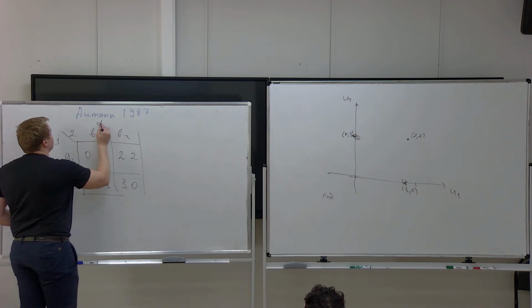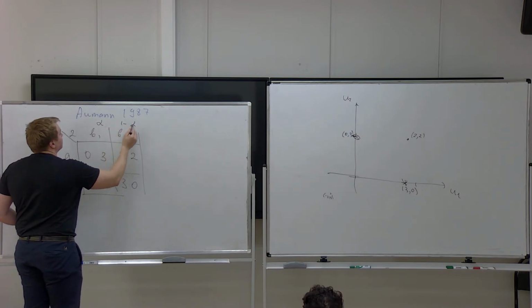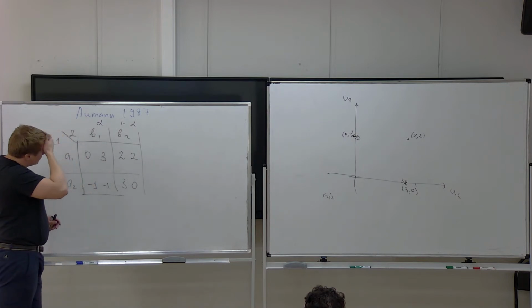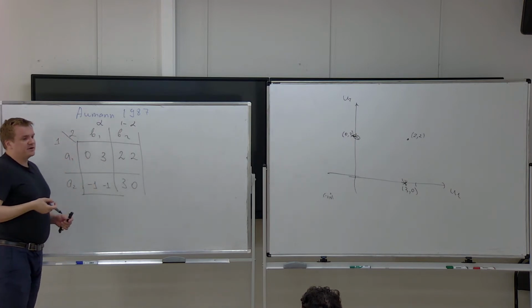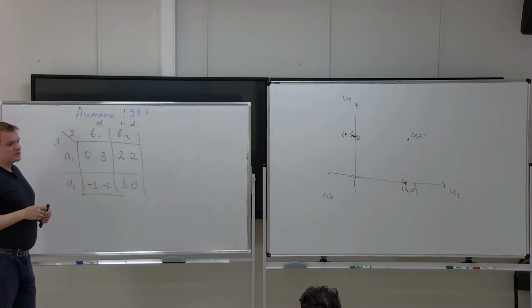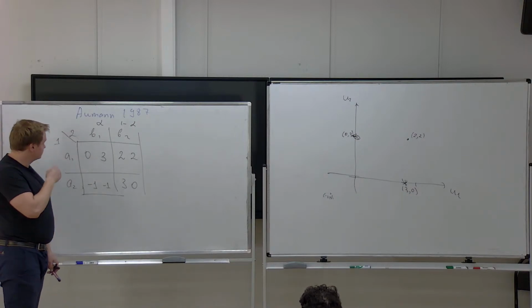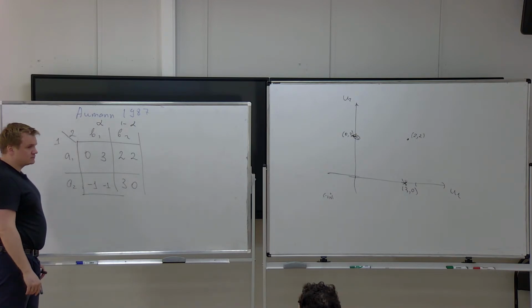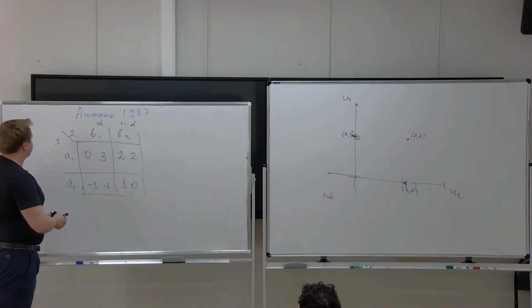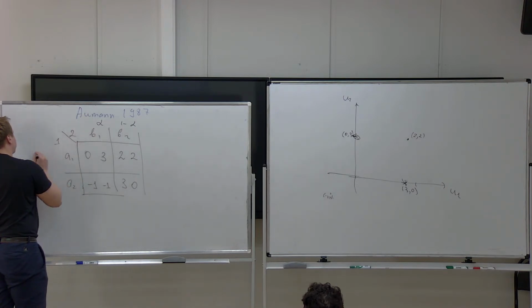Say it's mixed with probability alpha and 1 minus alpha, these two strategies. So what should be alpha for player 1 willing to mix? So it's alpha, 1 minus alpha, beta, 1 minus beta.